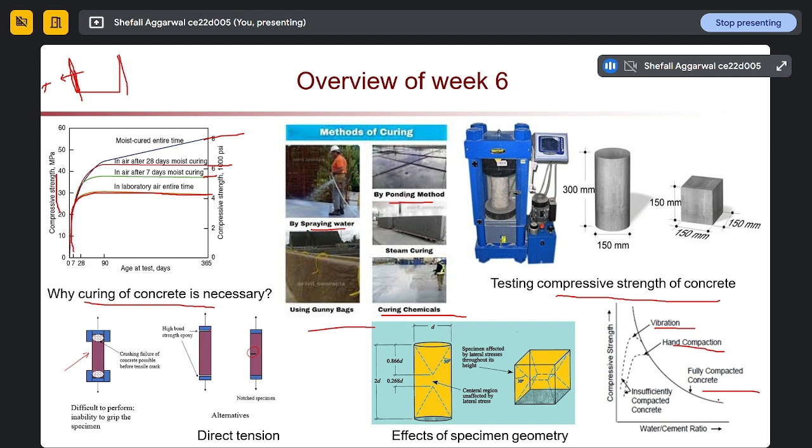Another thing about cement is the different tests we do on cement. The first is the normal consistency of cement. What apparatus are we using? We are using the Vicat apparatus for testing the consistency of cement. Consistency tells us how much water we can add to a cement, and from that we can calculate the setting time.